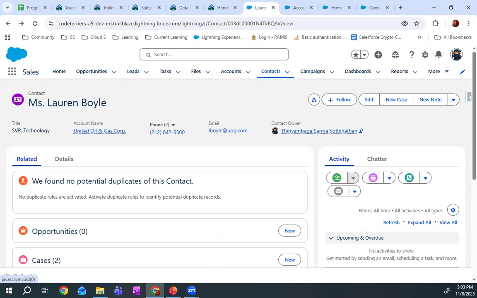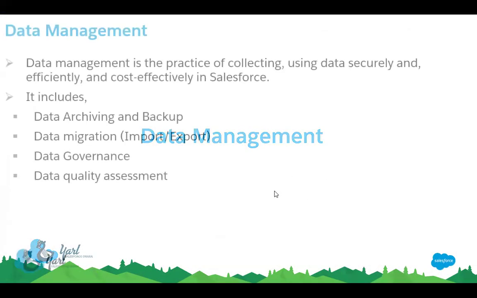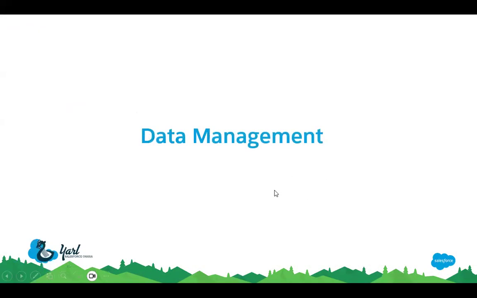Okay. Now that's pretty much about data model and basic UI. I want you guys to get some hands-on experience. So create a student custom object. Create 5 different custom fields.